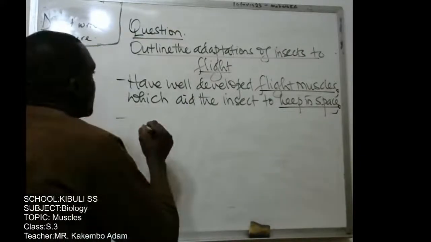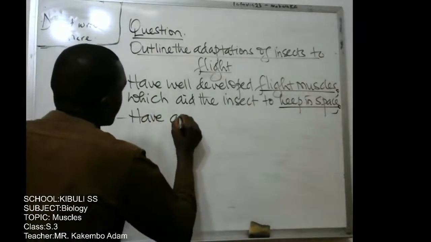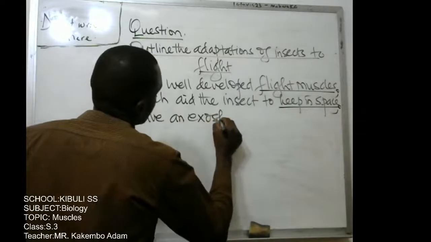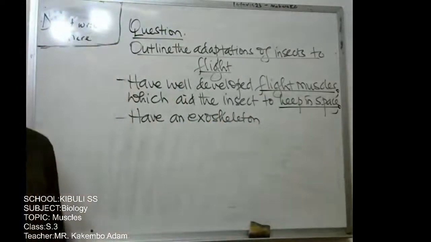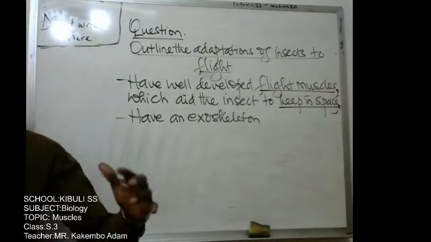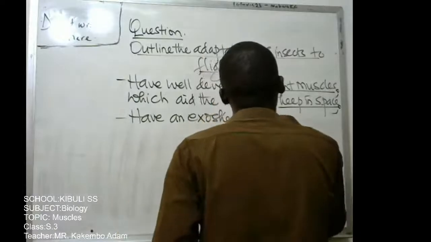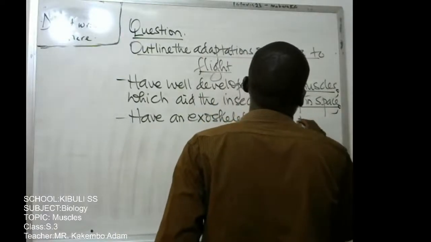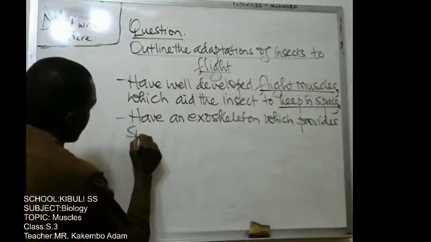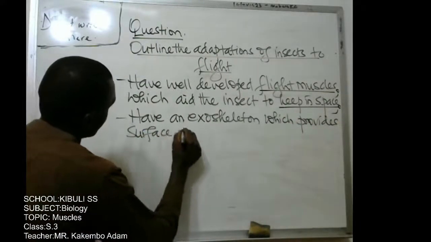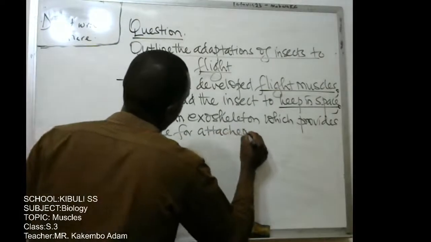Then the other adaptation, you can say they have an exoskeleton. We have been talking about the tergum and the wall of the thorax. An exoskeleton which provides surface for attachment of the flight muscles.